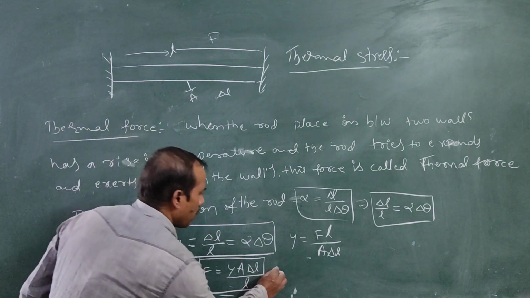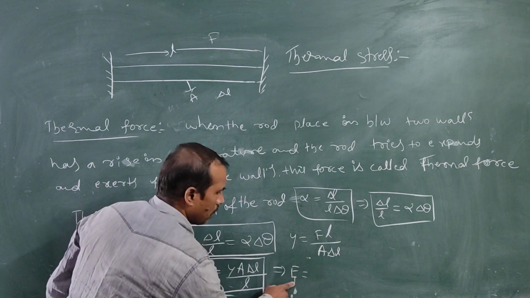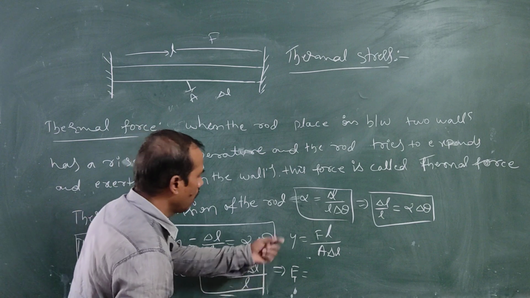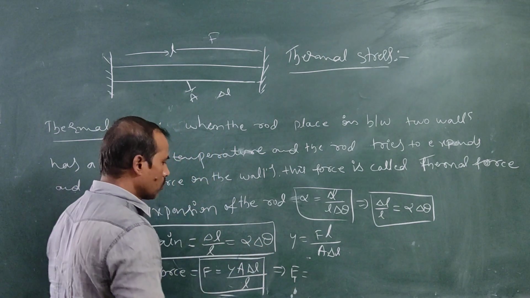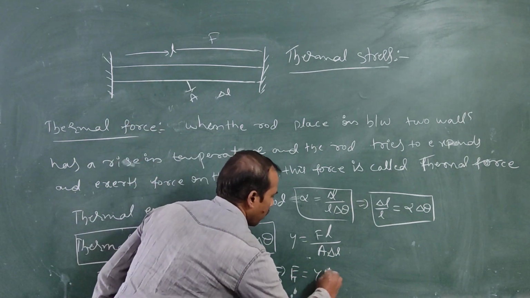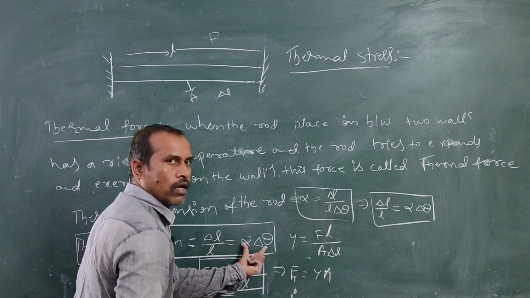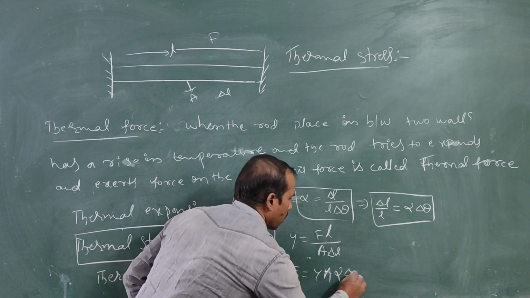So here thermal force F is equal to Y A delta L by L, nothing but Y A alpha delta theta. So the thermal force is equal to Y A alpha delta theta.